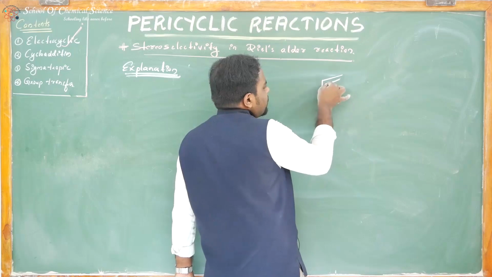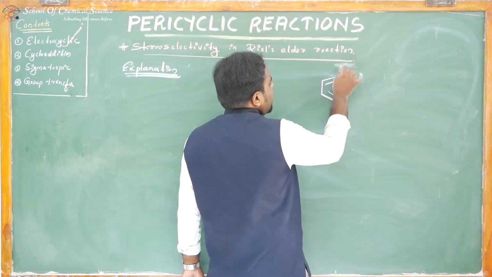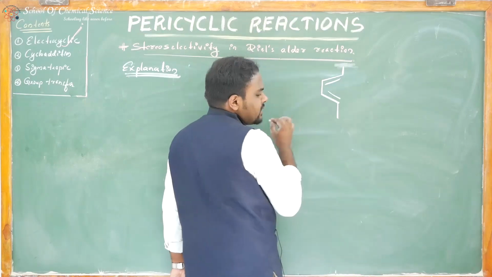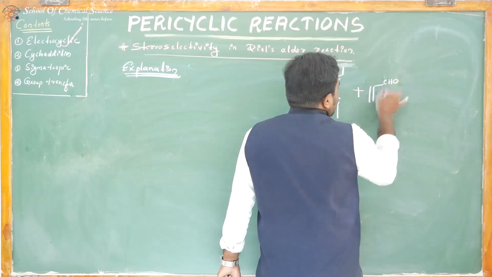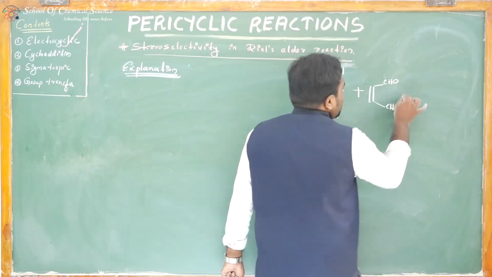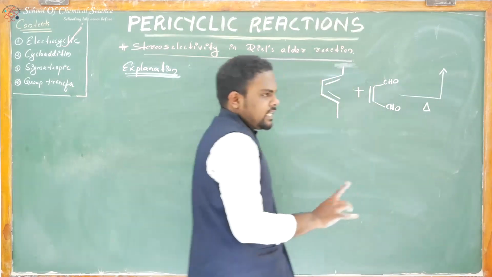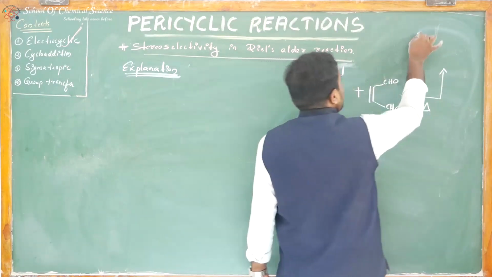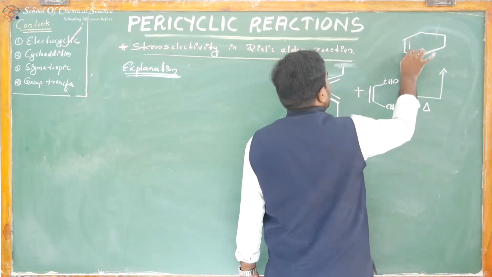A diene. Here a CH3 group. Here a CH3 group. Both are on opposite side. Double bond, CHO, CHO under thermal condition. Okay, that's the reaction. Then a 6-membered ring is formed. Here a pi bond.